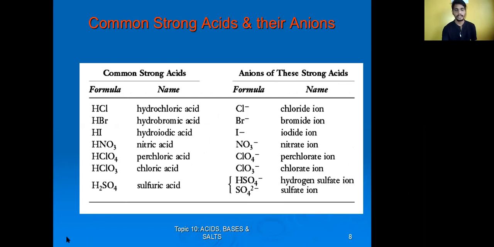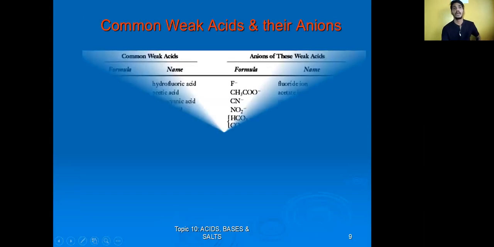In the next slide, we're going to talk about common weak acids and their anions.